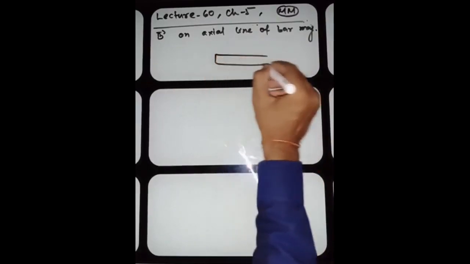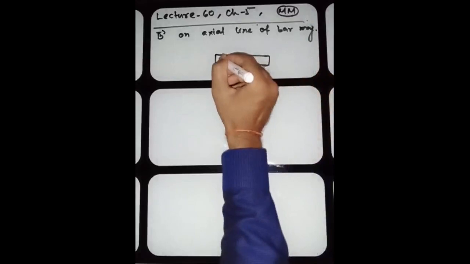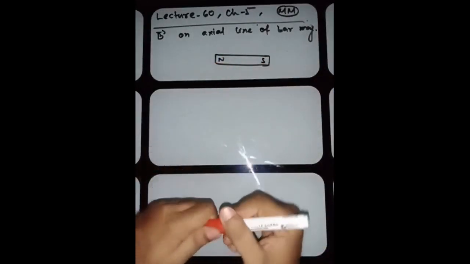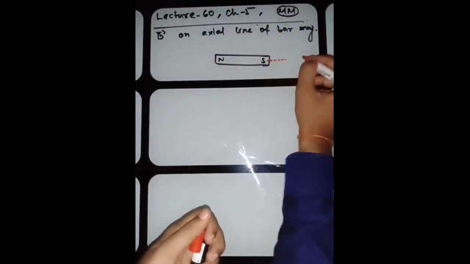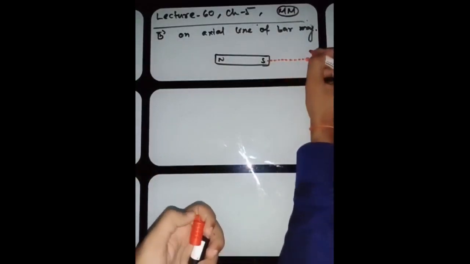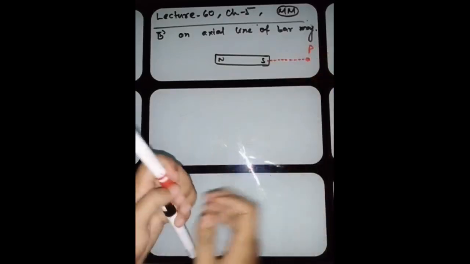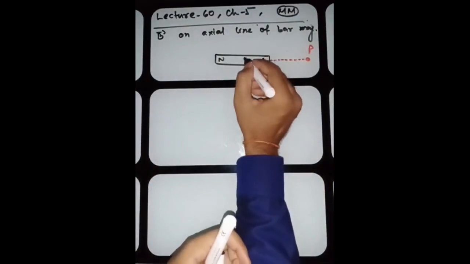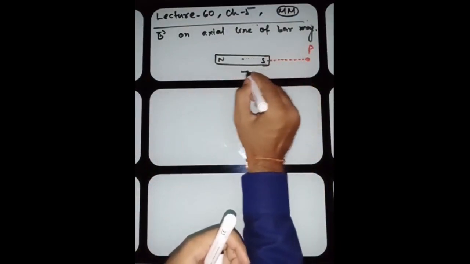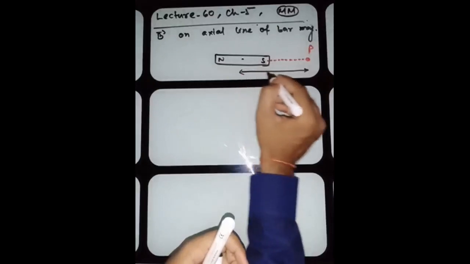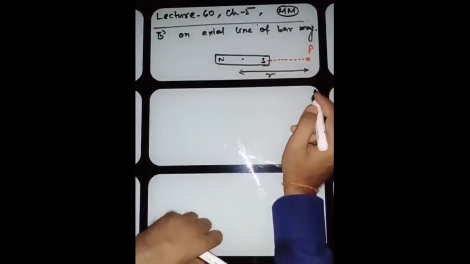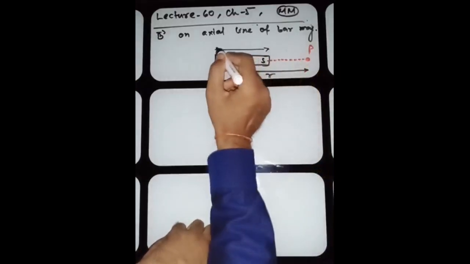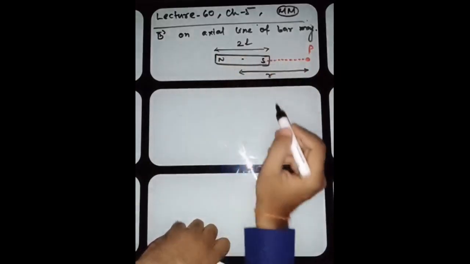Here this is the bar magnet, with north pole and south pole, and we have to derive the net magnetic field at this point P. Now we are taking the positions. Suppose from the center, this point is r distance away, and the length of this magnetic dipole is 2L.